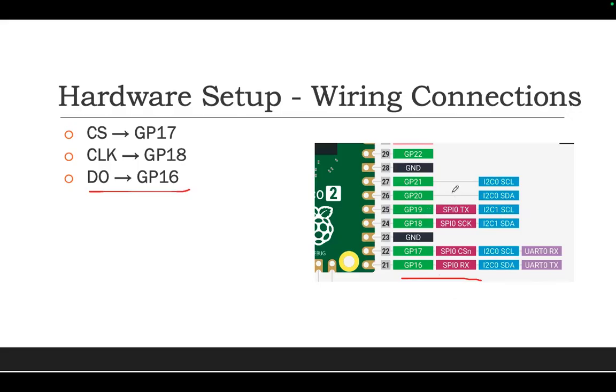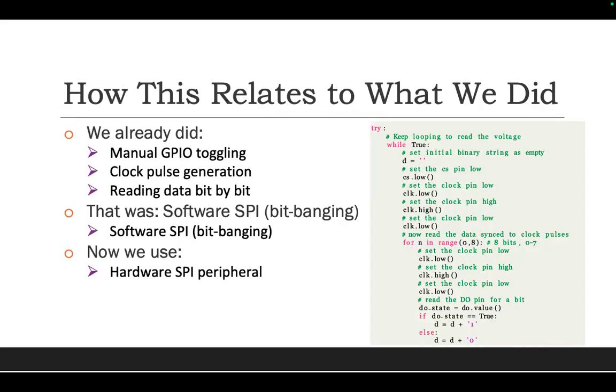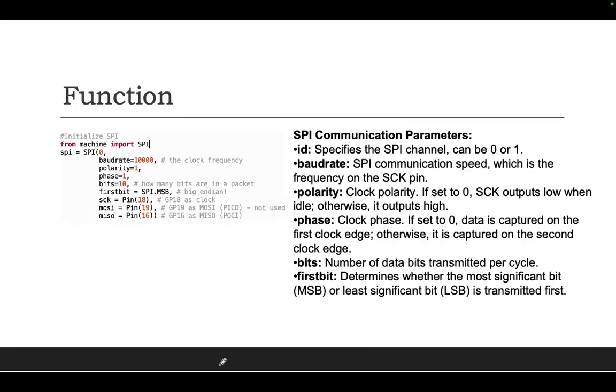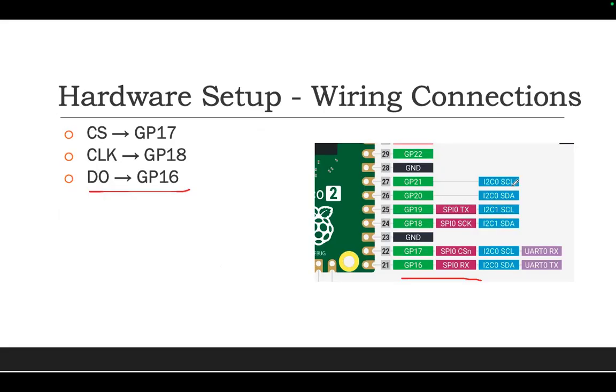Actually, in your code, I just set 18, 19, 16. You can use other pins, because we have different groups for the SPI, right? So you can use different pins, but pay attention: the clock should connect to the clock, the CS should connect to the CS, and the output should connect to the RX input. Does that make sense?